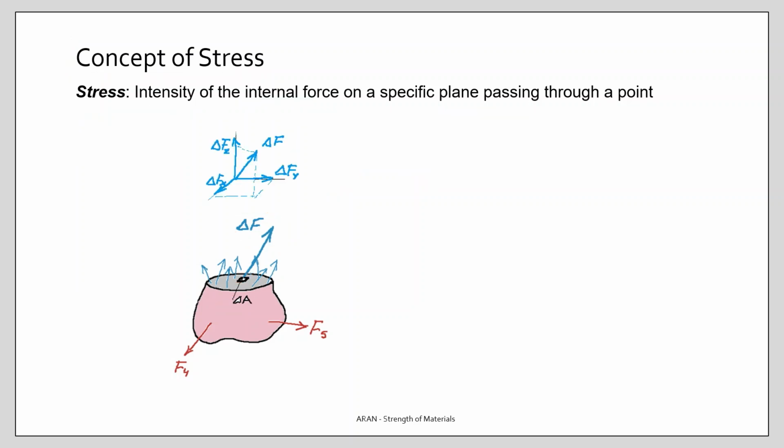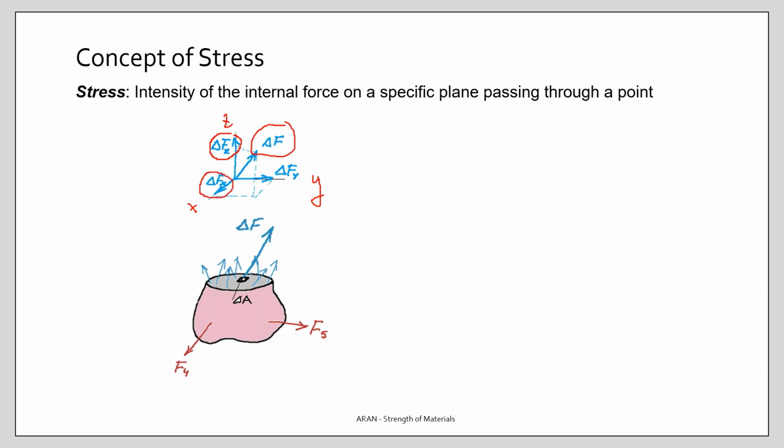The first thing we do is we represent this delta F by its components. As you see, if I take the axis X, Y, and Z, you can take delta Fz, which is the normal component.